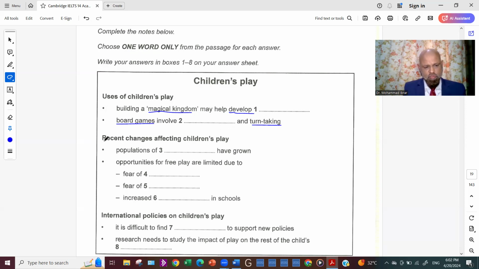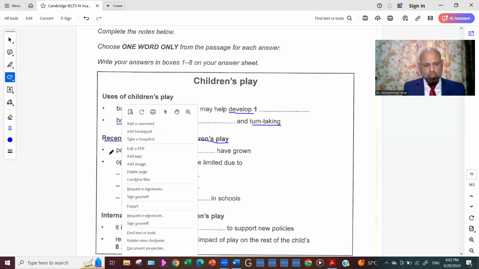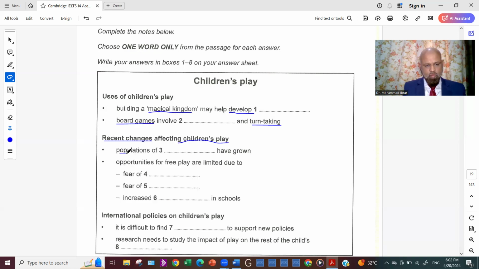Now, recent changes. So I have to find information about changes that affect children's play. This heading can also help us get the relevant information in the paragraph. Population. Yeah. Population of something have grown.